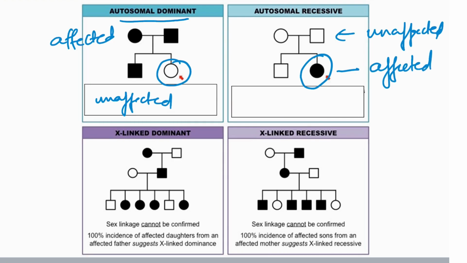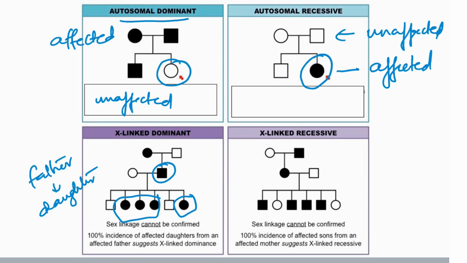Sex-linked dominant: father passes to all his daughters, father to daughter, and more females are there. In X-linked recessive, again, mother to all sons, mother to sons, and again more males are here. So this is a summary of the pedigree chart.